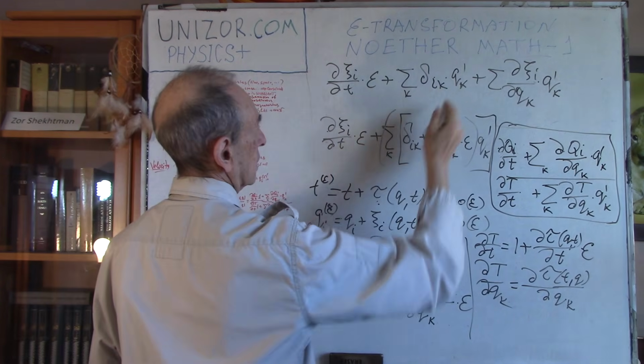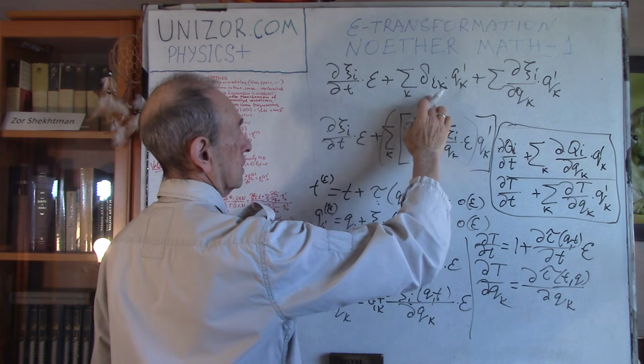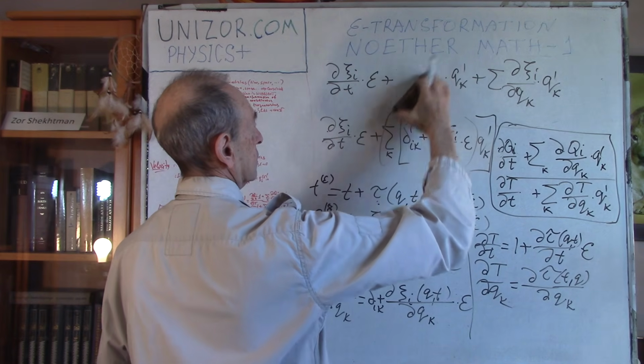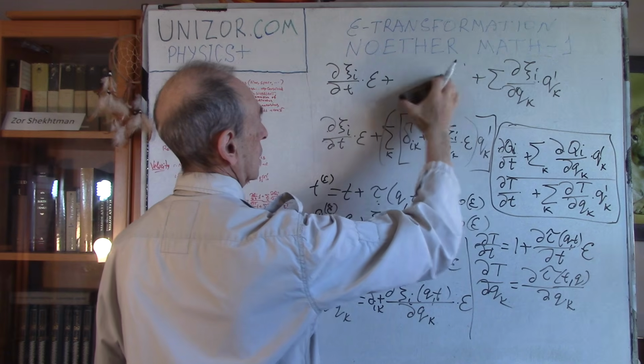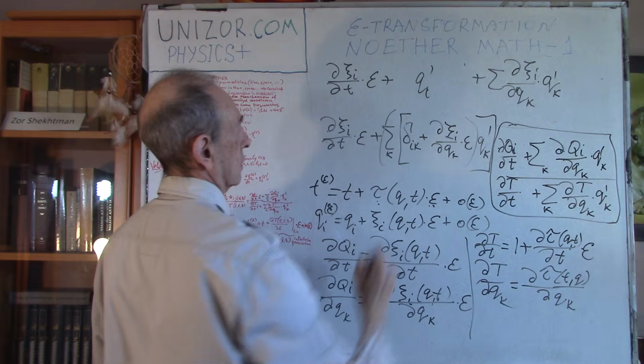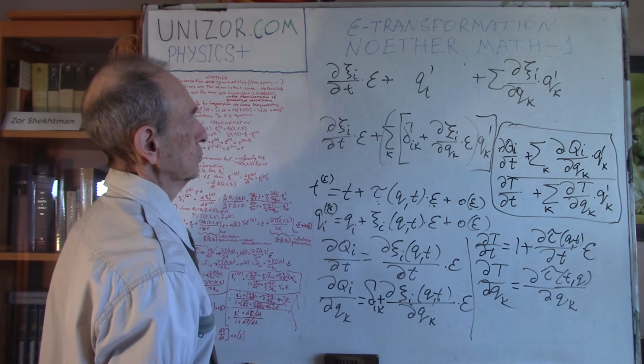And this one is equal to 1 if k is equal to i, otherwise it's 0. So we'll have only one term, which is only qi. So that's what my numerator would be.